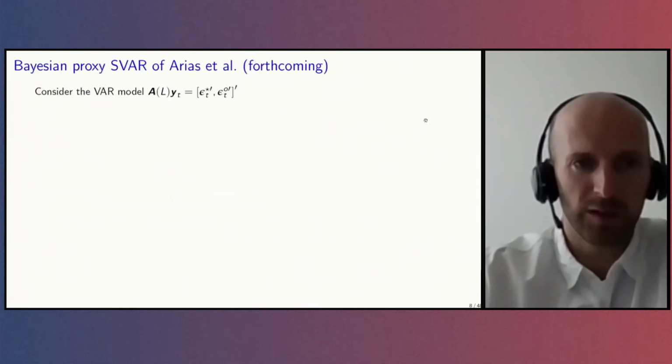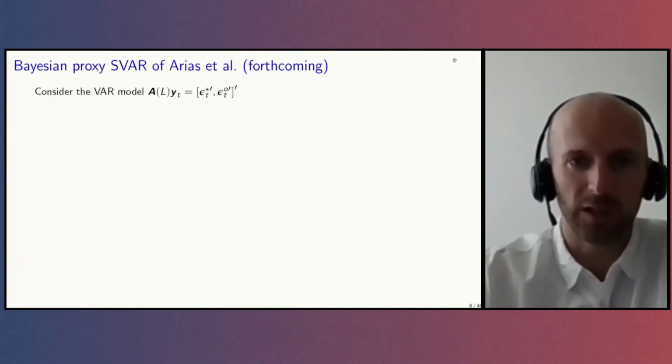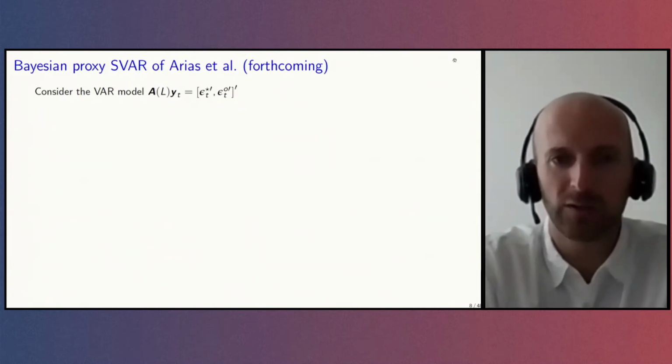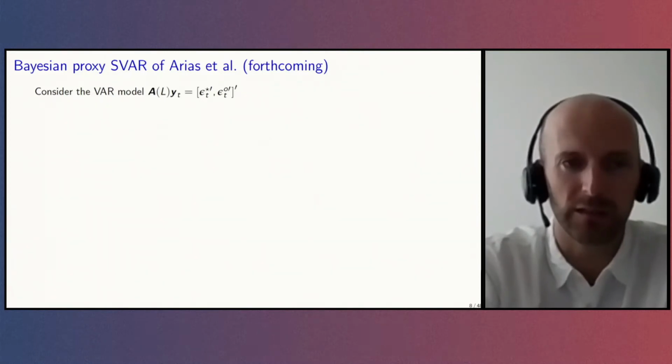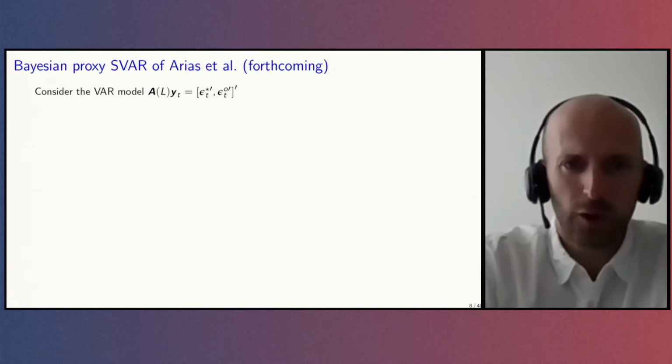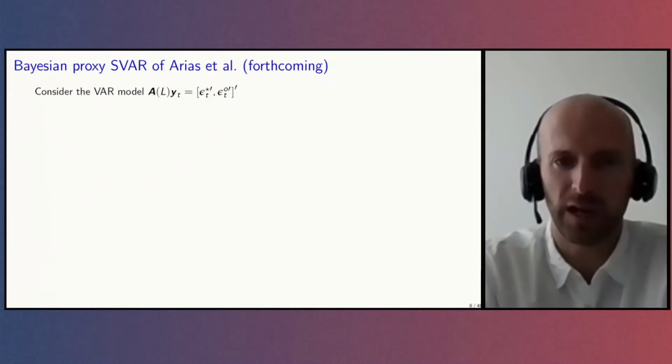So let me talk about this Bayesian proxy structural VAR model that Arias et al. are putting out in a paper that's forthcoming in the Journal of Econometrics, but also builds on earlier work that they put out in Econometrica in 2018. The VAR model is formulated in a super standard way, at least the starting point. You have the vector of endogenous variables y_t, and you have a vector of structural shocks epsilon_t.